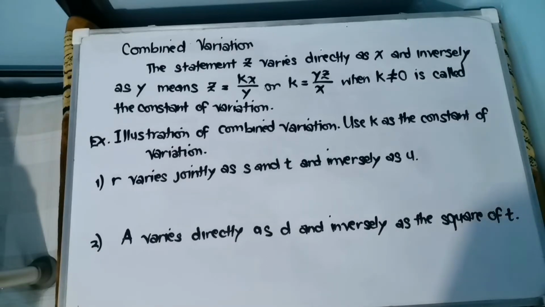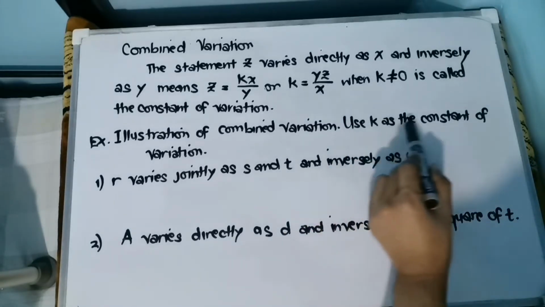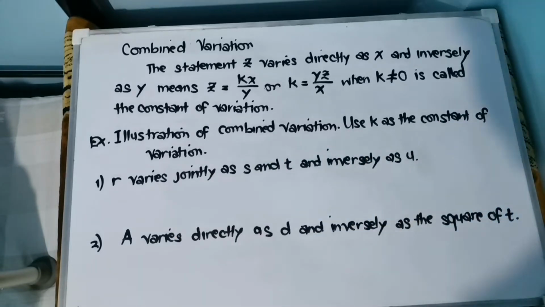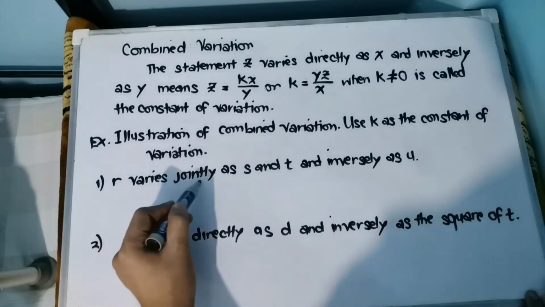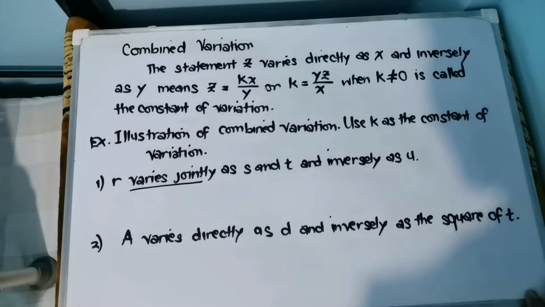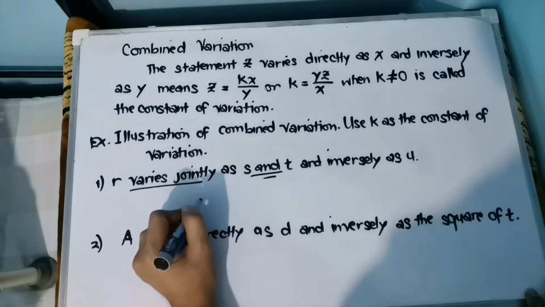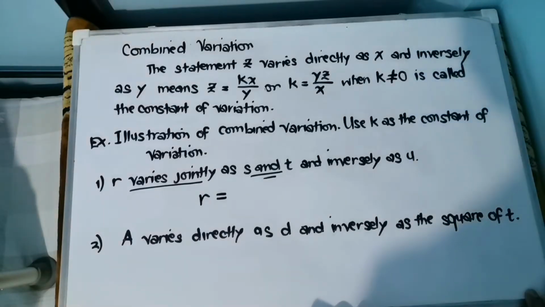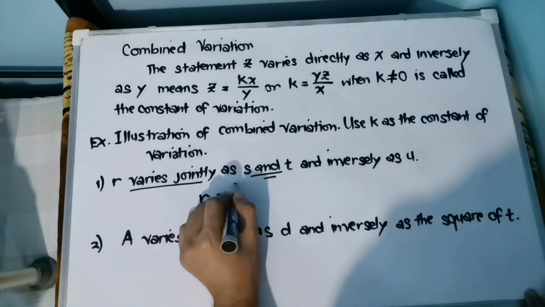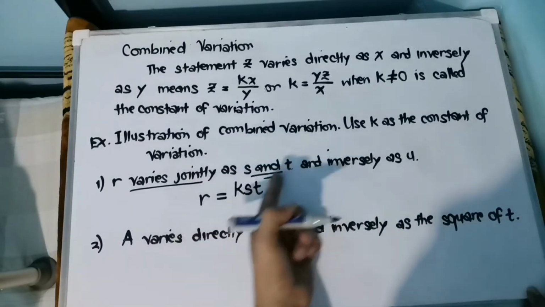So ngayon naman, we are going to write a combined variation based on the given statement. So we are going to use K as the constant of variation. So let's start. So we have here R varies jointly as S and T. So we can write it as R equals K, S, T. Varies jointly, so magkakasama sila.